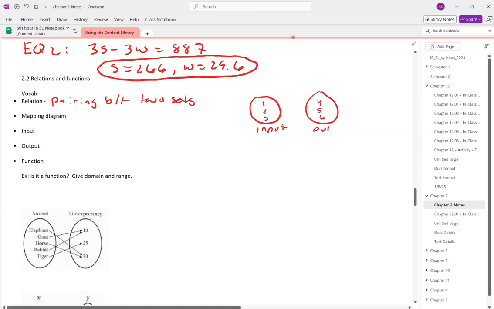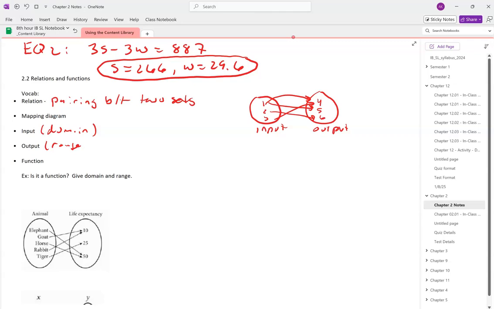So we call one set the inputs and one set the outputs. And we draw some arrows to show the pairings, and that's a mapping diagram. You guys remember seeing those in Algebra 2 probably? Okay. Input is really the same as the domain, right? Output the same as the range.